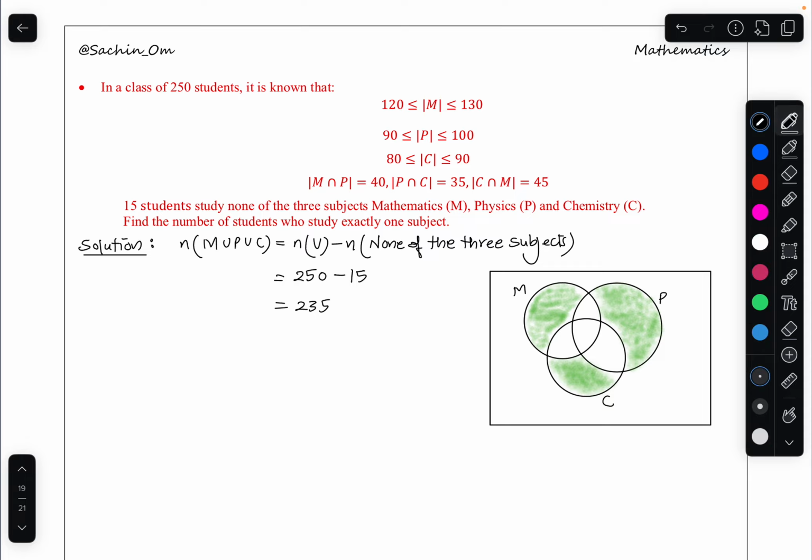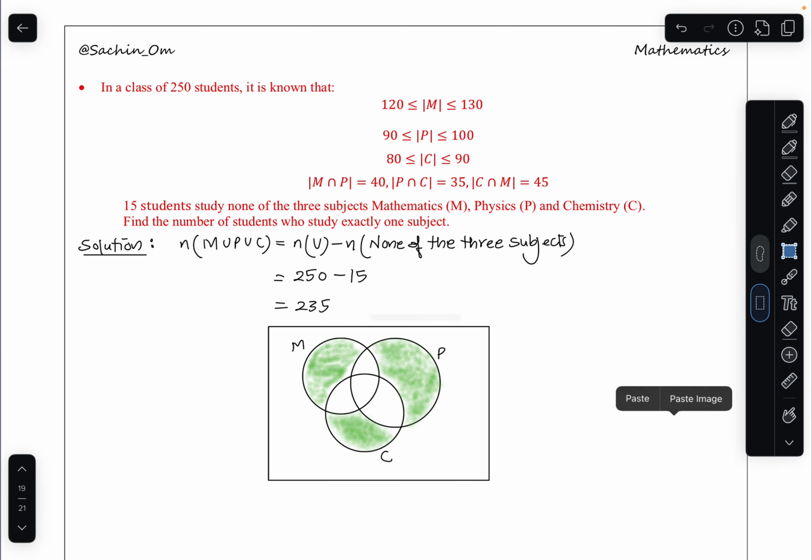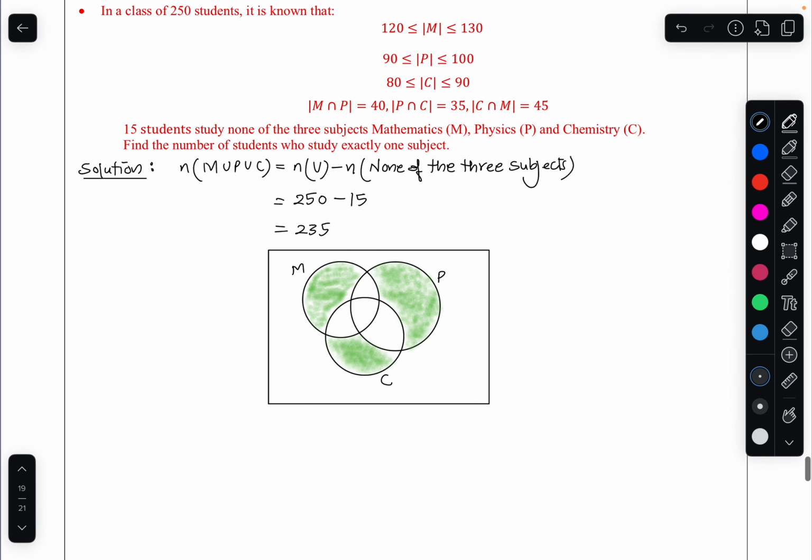Now let's see what to do. I've already found out that the number of elements in M union P union C is equal to 235. I am supposed to find the number of people corresponding to some of these three. The union relation is known to us, so I'll use the union relation.